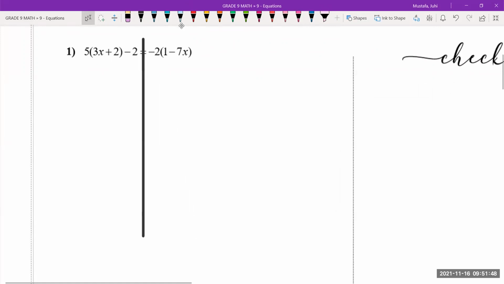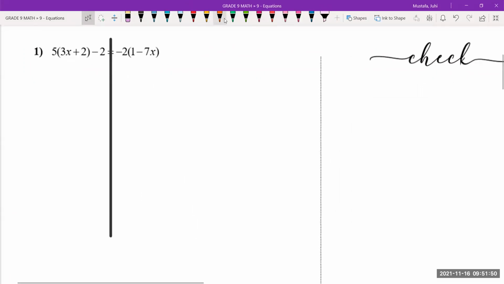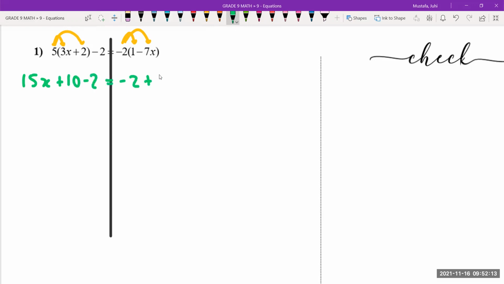There we go. And now I'm going to distribute everything inside this bracket, and then this bracket. I'm going to go ahead and multiply. So that's going to be 15x plus 10 minus 2, negative 2 plus 14x.